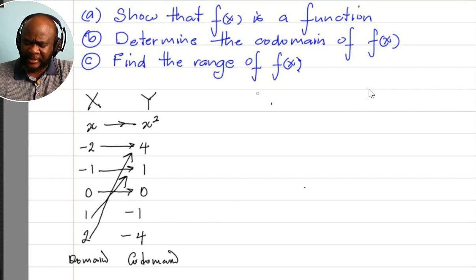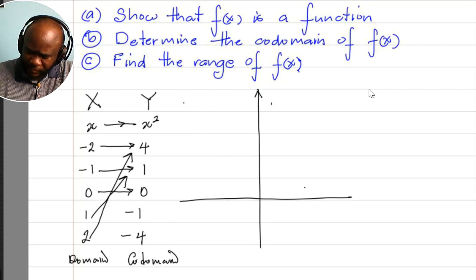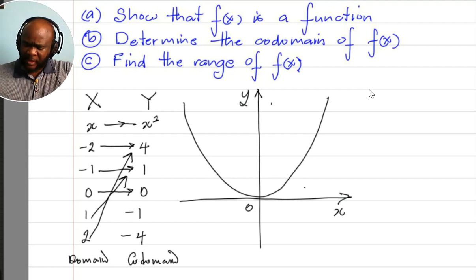Another way you could look at it is that you could do a sketch of the graph of the relation. All right, this is my y-axis. This is the x-axis. This is the origin.